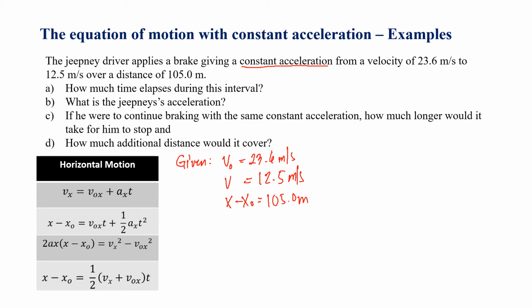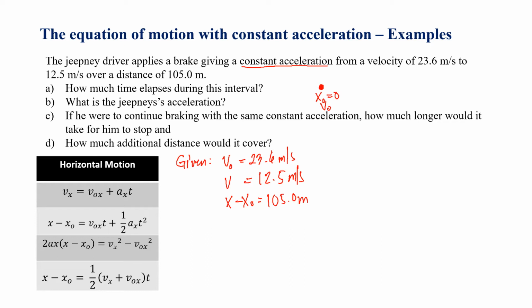If you look at the problem, consider this point here as our origin, x naught, which is at 0. You have here your velocity v naught.